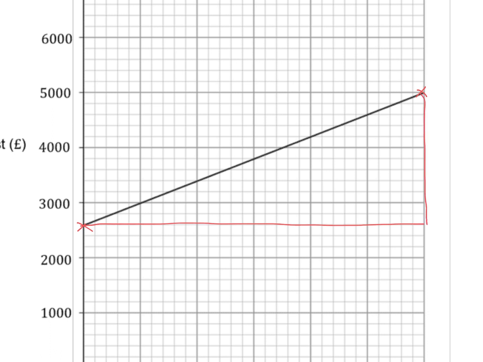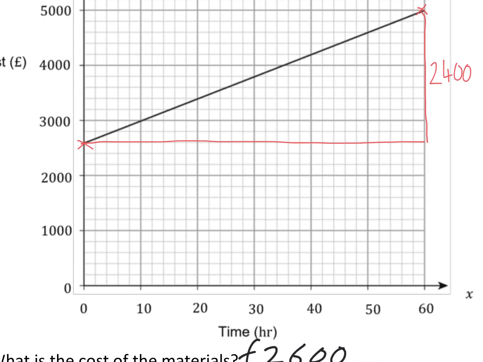Remember, vertically every square is worth 200, so we'd have 1,000, another 1,000, 200 and a 200, so that's 2,400. And then horizontally across, that's the total time which is on the scale, which is 60.